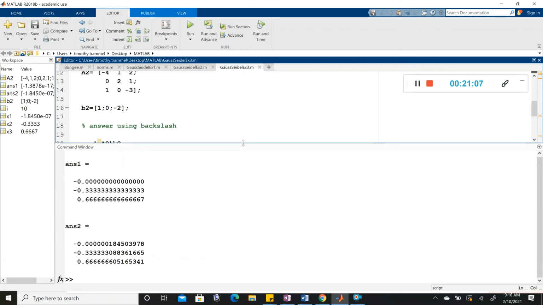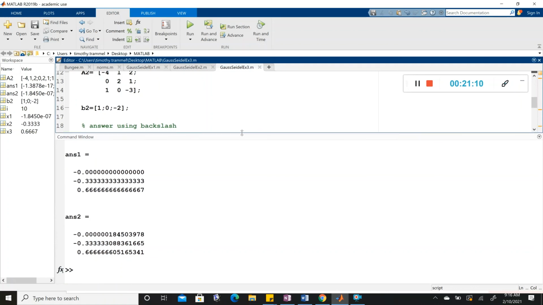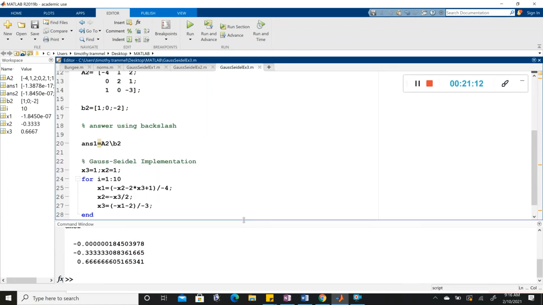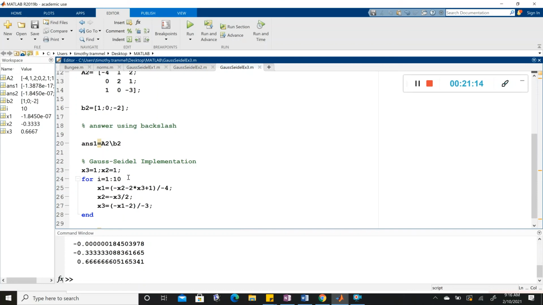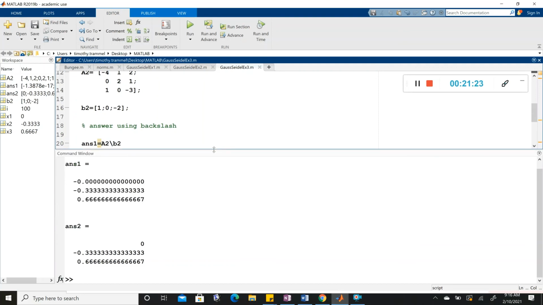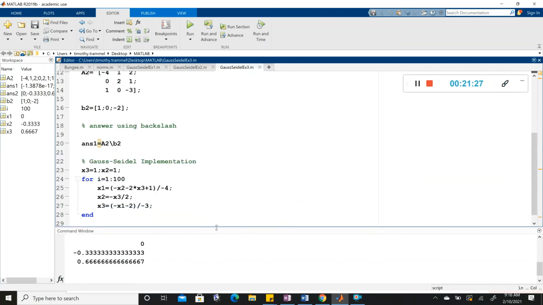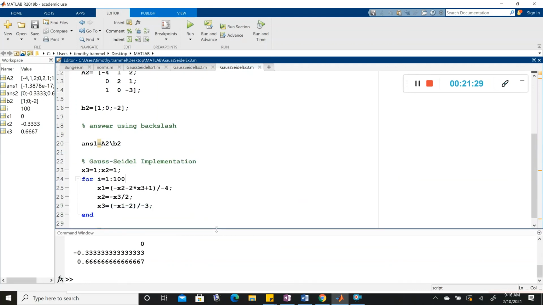And it looks like we're converging on the correct answer here. And if we wanted to, of course, we could do more iterations. Let's pull that up. Okay. All right, these are looking pretty much the same. So do keep that in mind with the Gauss-Seidel method. If you're not getting convergence, sometimes just rearranging things can make that convergence happen.